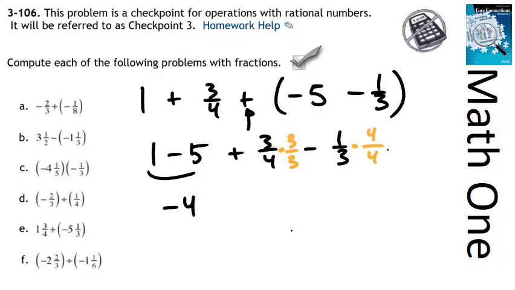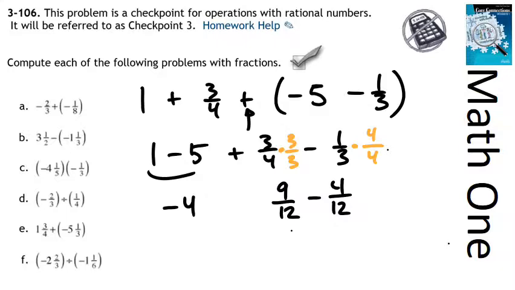I've got 3 times 3 over 3 times 4. That looks like it's going to be 9 twelfths. And in the other part, I've got 1 times 4, which is 4, and then over 3 times 4, which is 4 twelfths. So I've got 9 twelfths minus 4 twelfths.